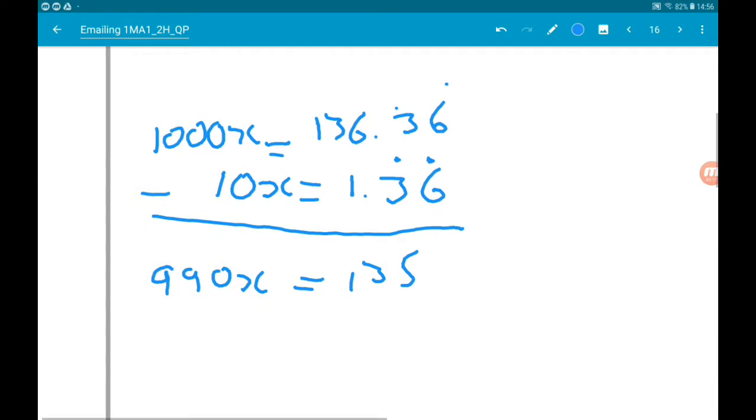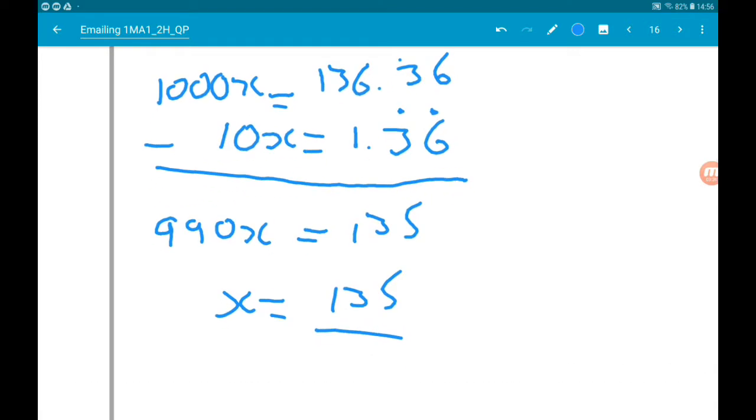Divide through by the 990, we get x is 135 over 990. Now that has at least a common factor of 5.